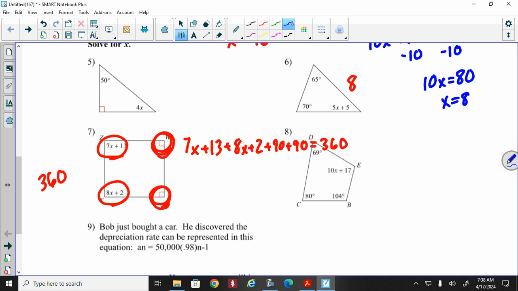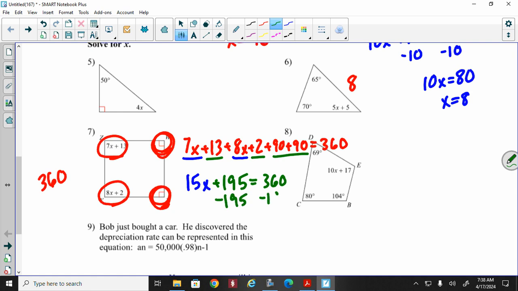So first thing again, combining like terms, 7x and 8x, that's 15x. Now I'm going to add the 13, the 2, and the two 90s. All right, so I believe that's 195. And it is. So plus 195 is equal to 360. Now at this point, you should go into automatic mode.